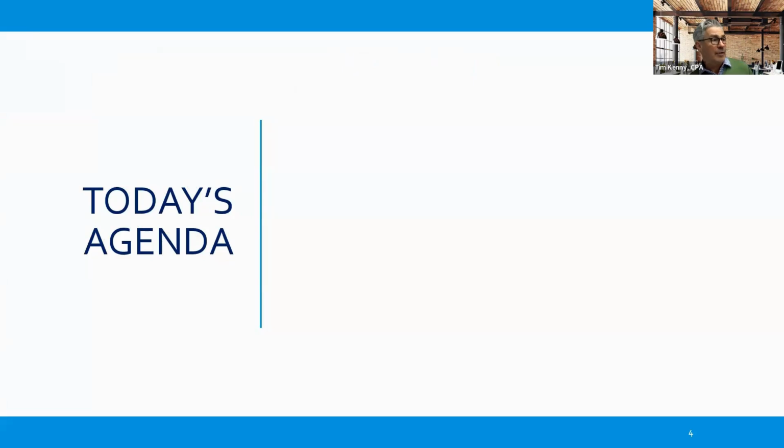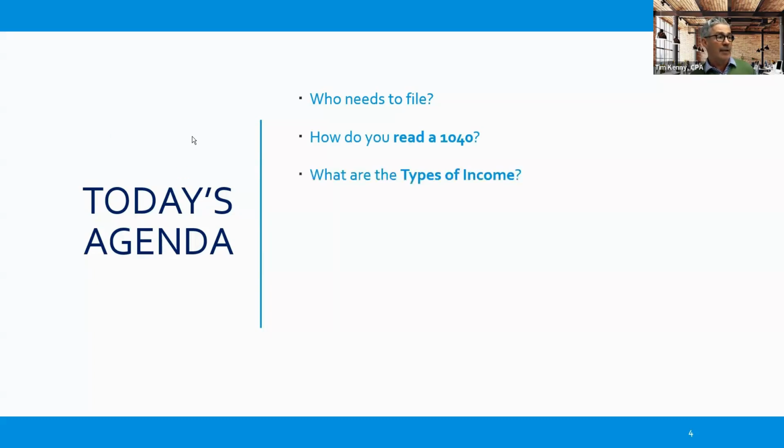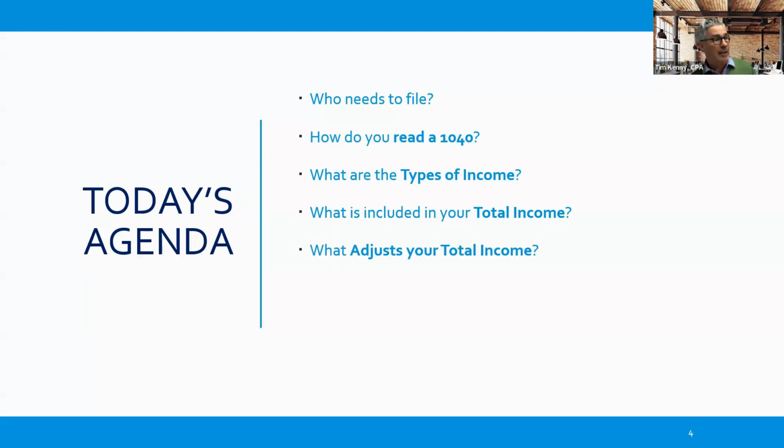Today, we're going to start out with who needs to file Form 1040. We're going to look at how you read a 1040. Then we're going to look at the different types of income, and then what's included in your total income.